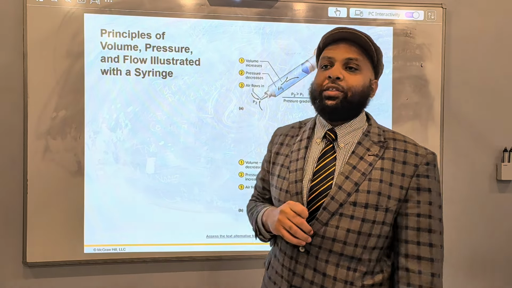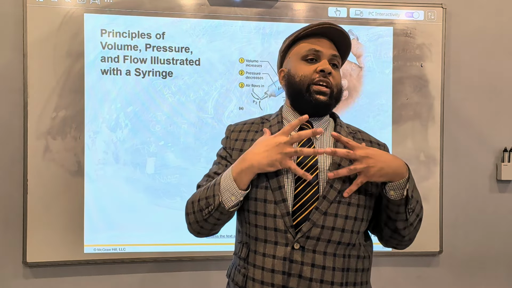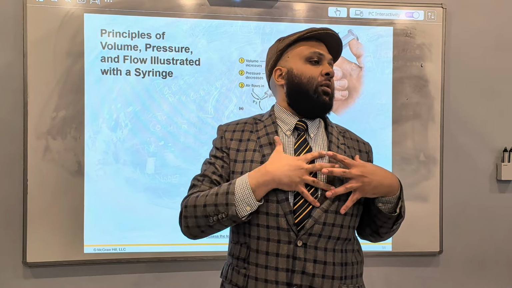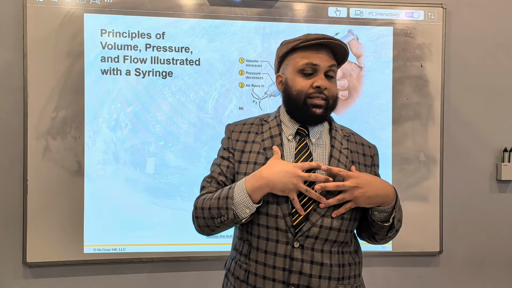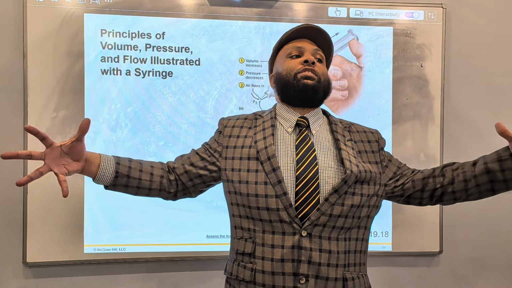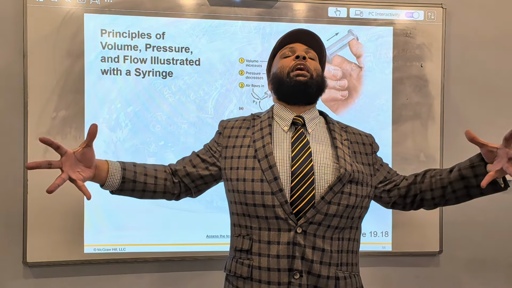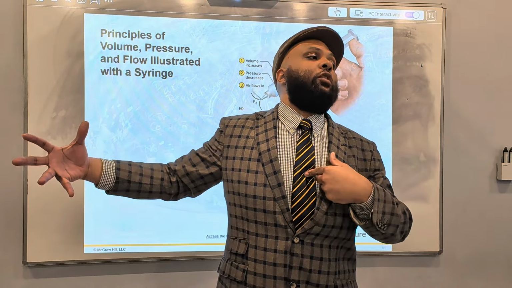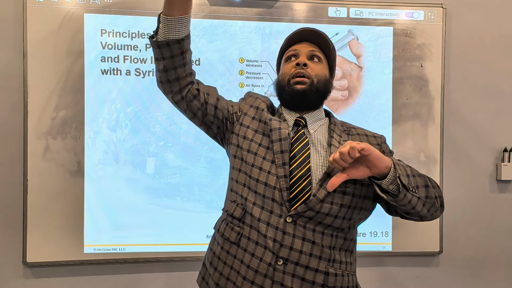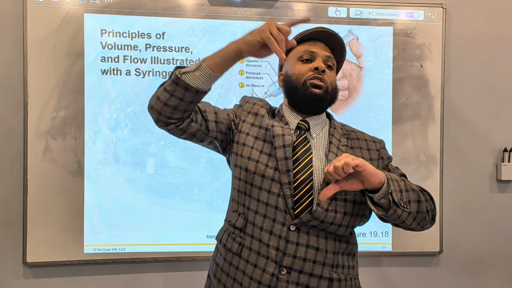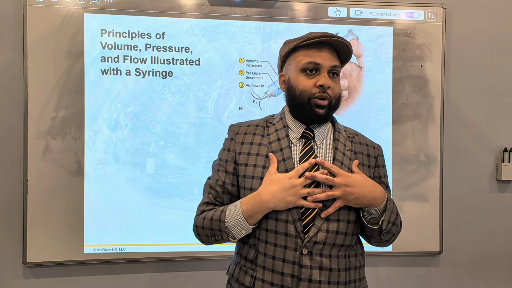When you take a deep breath, air goes in because the transverse diameter of your thoracic rib cage increased, so the volume of your rib cage increased. What happened to the pressure? Decreased. So now air went in from the atmosphere, high pressure, to the lung, low pressure.